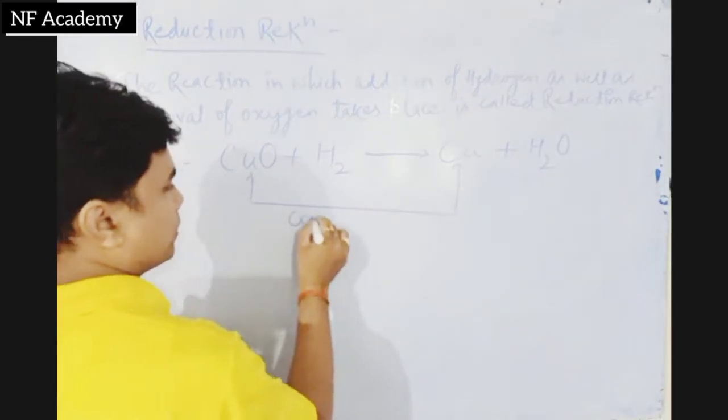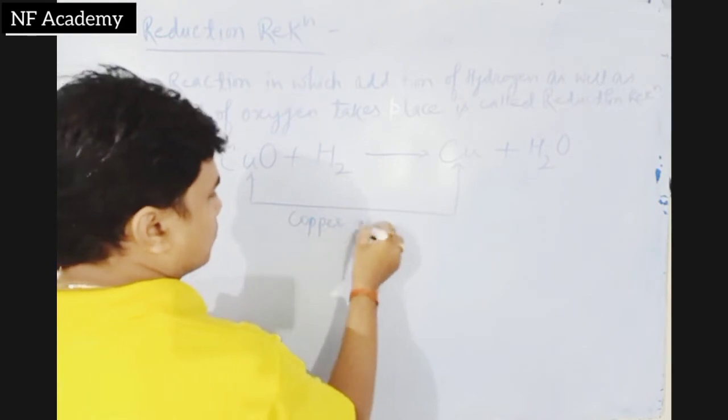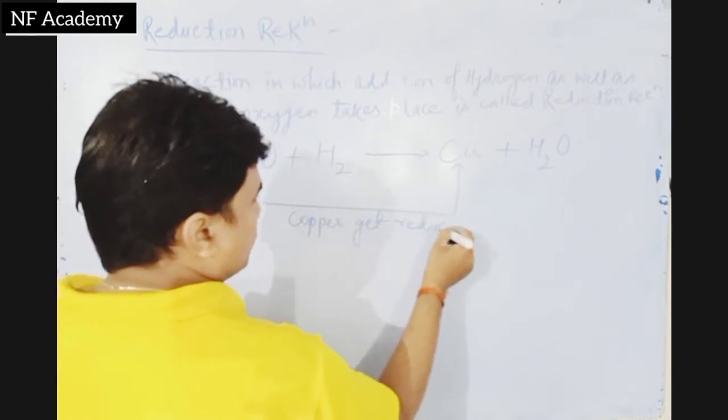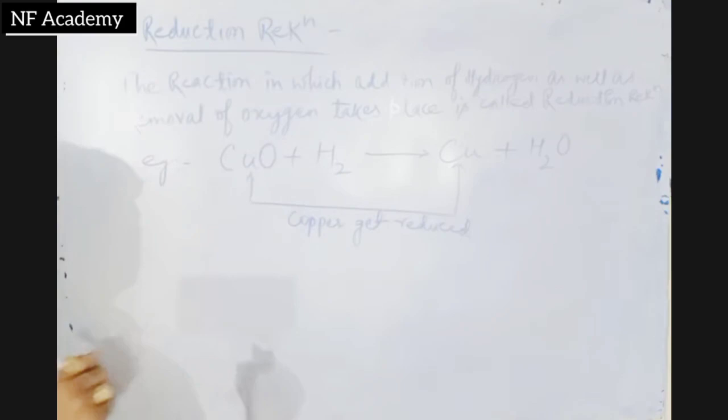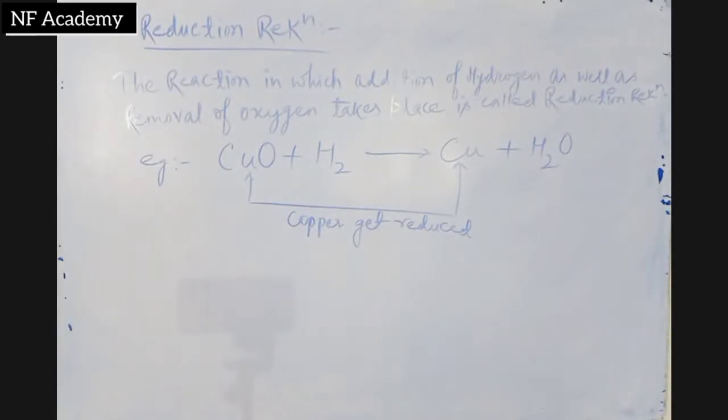So here copper gets reduced. The removal of oxygen takes place, as well as the addition of hydrogen also takes place. Therefore, this is a reduction reaction.